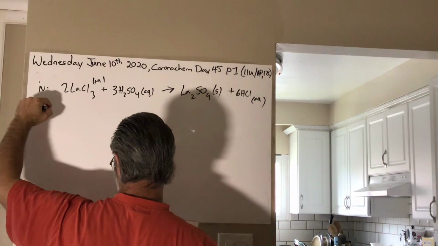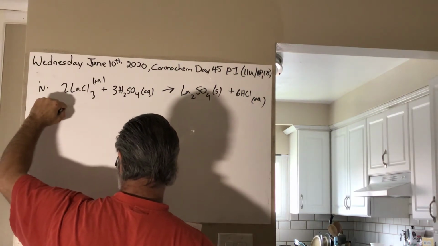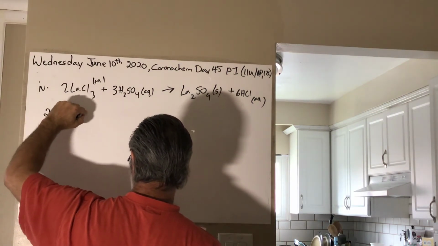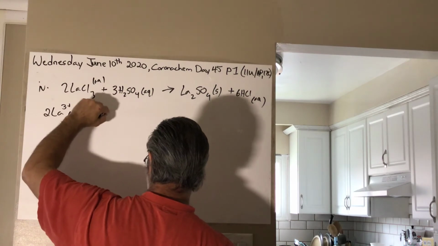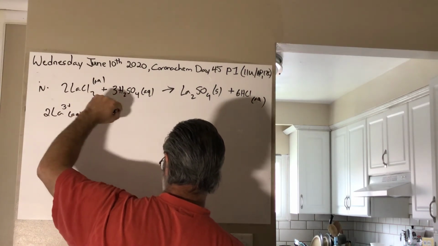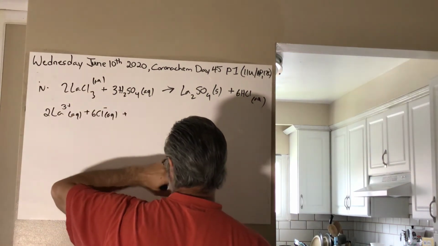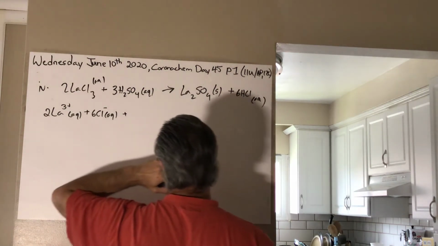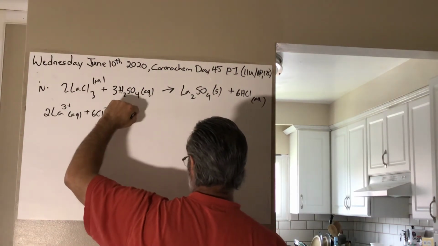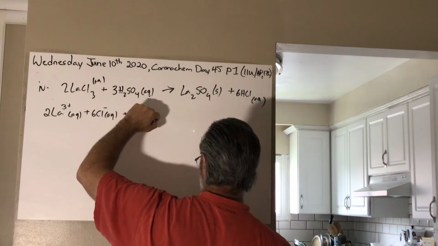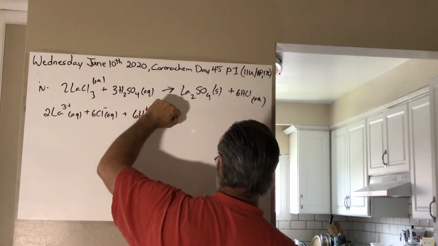The ionic equation will be 2 lanthanum cations, aqueous, plus 6 chloride anions, aqueous, plus 6 protons, aqueous, plus 3 sulfates.